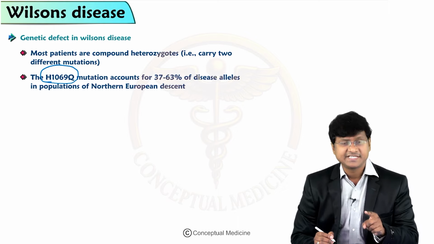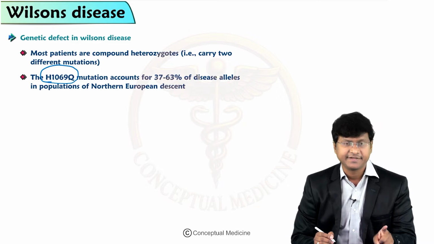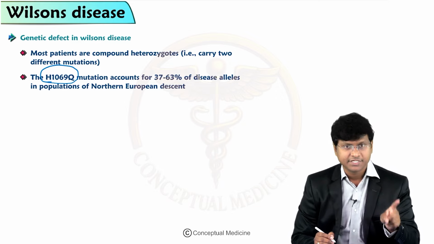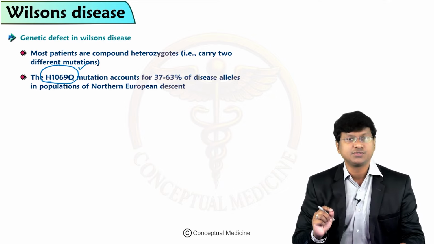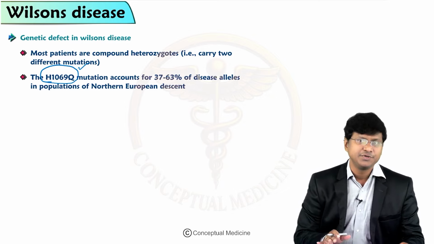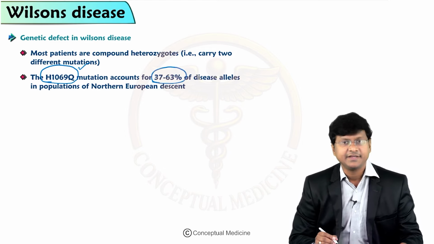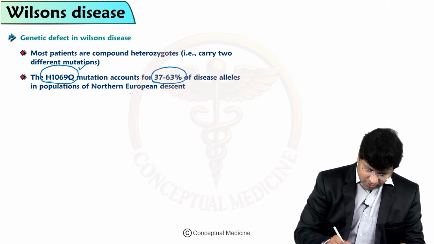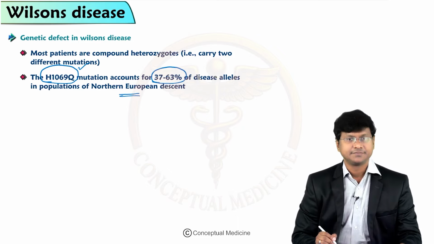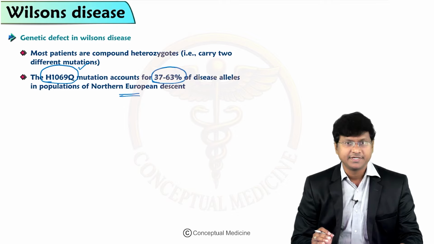Please remember, one very important gene which is mutated is ATP7B, on chromosome 13. The other defective gene is H1069, but this mutation accounts for only 37 to 63% of the disease alleles, and it is very common in populations of Northern European descent.